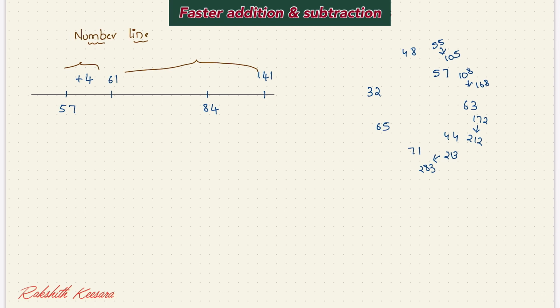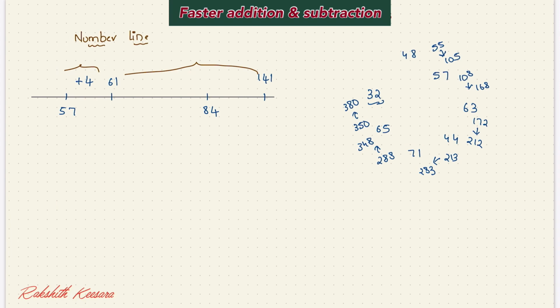And similarly 288 to 348. 288 to 348. Here 350 to 380. You are getting this, right? First we need to add that 2, that is 348 plus 2, 350. And after that we need to add 30, that is 380. This is the way your mind should be working while doing the addition.